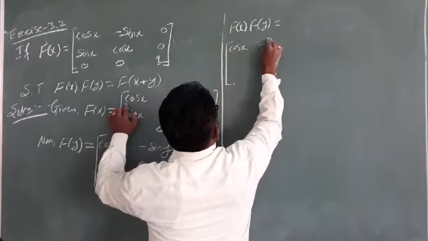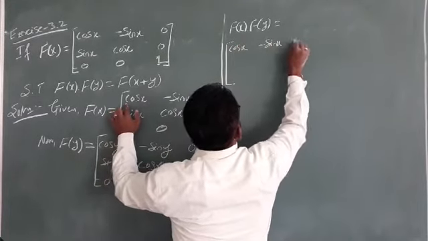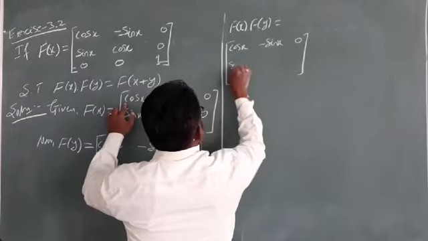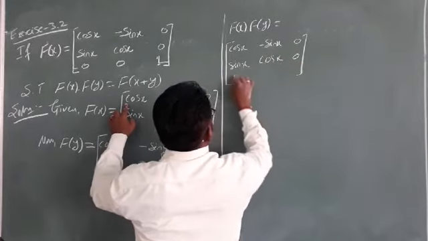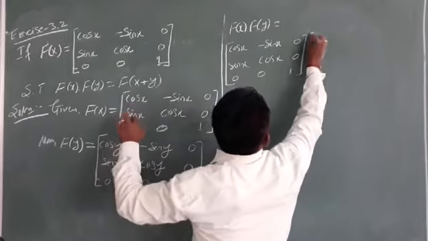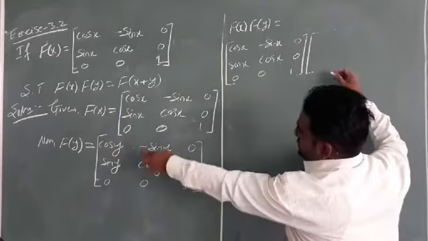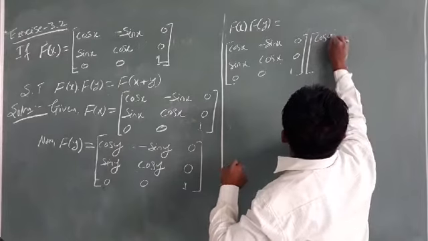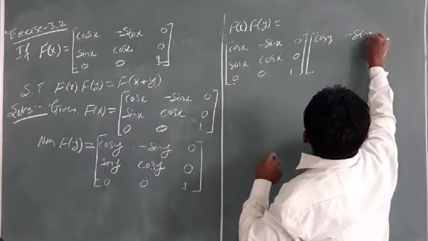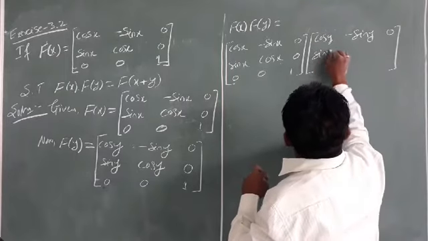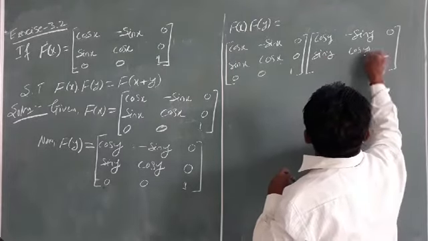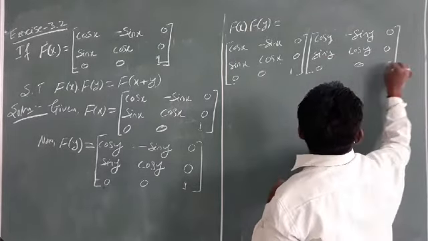Cos x, minus sin x, 0; sin x, cos x, 0; 0, 0, 1, and f of y is cos y, minus sin y, 0; sin y, cos y, 0; 0, 0, 1.